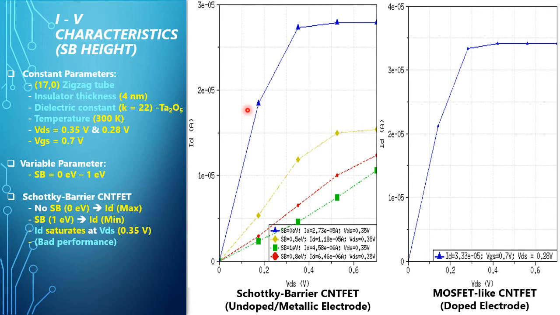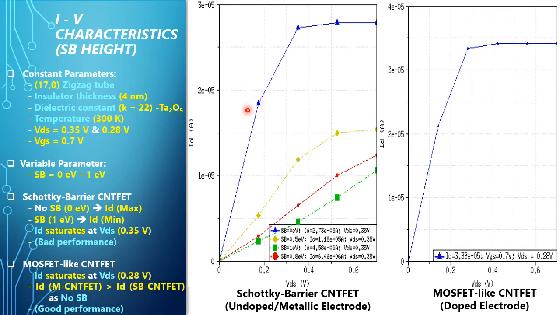The MOSFET-like CNT has been demonstrated here. The MOSFET-like CNT gets the chance to have the ID which saturates at 0.28 volts.